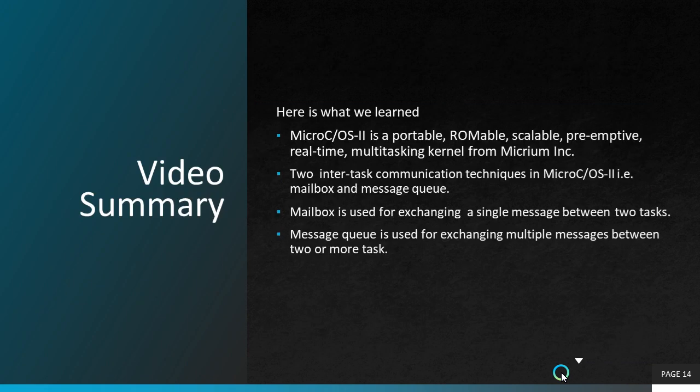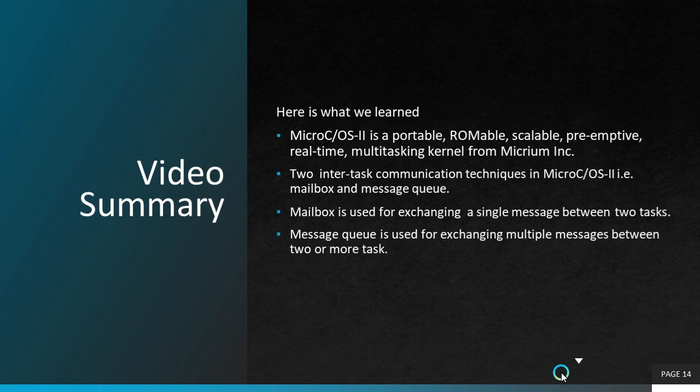So as a video summary, we have already seen the different properties like portable, preemptive, real-time, ROMable, scalable, and multitasking, which means multi-threading. Then it is from Micrium Incorporated, which is supporting www.micrium.com.